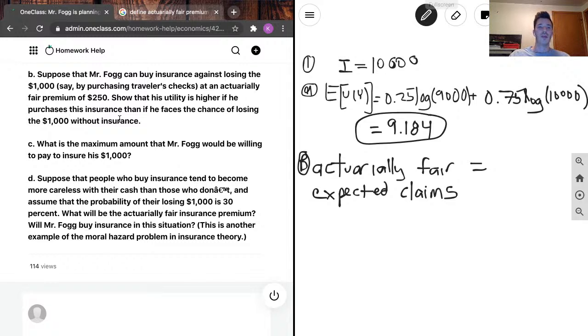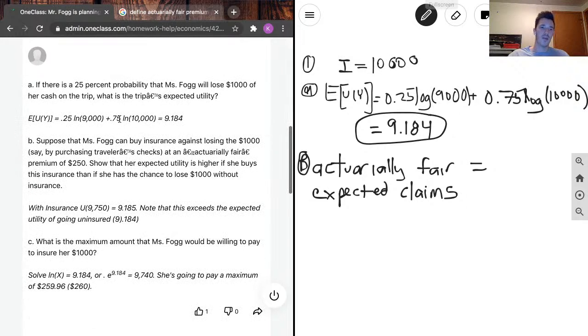So suppose that Mr. Fogg can buy insurance against losing the $1,000 at an actuarially fair premium of $250. So his utility is higher if he purchases the insurance than if he faces the chance of losing the $1,000 without insurance.